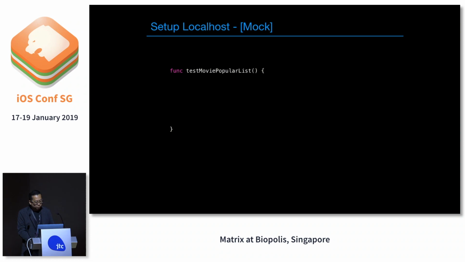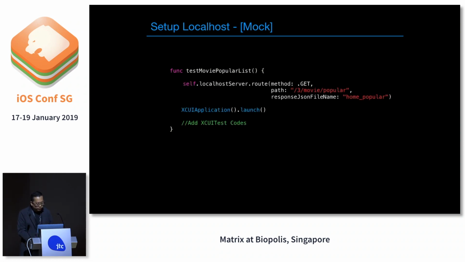In our test function, where we have our test codes, using the localhost server, we're going to call the route function and specify that whenever it gets a GET request of path /3/movie/popular, we are going to return the contents of this JSON file, movie popular. Okay, and that's it. We are all ready to use the steps LAIM to set up our very own localhost-based test.